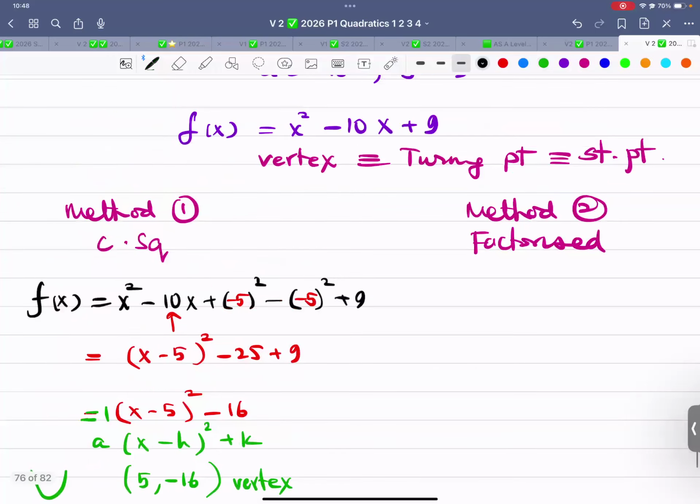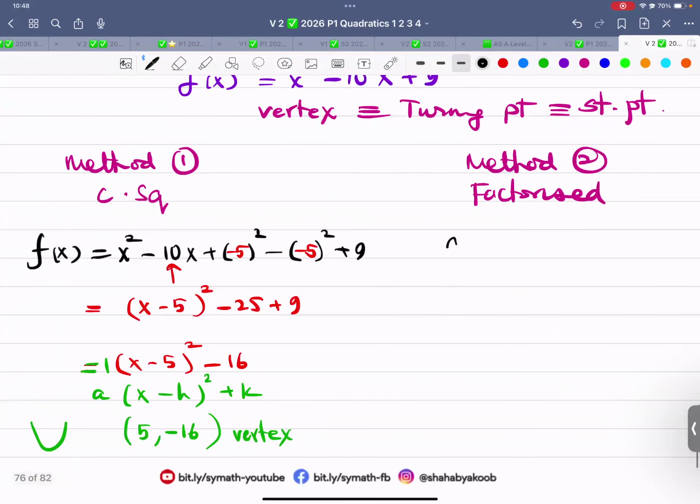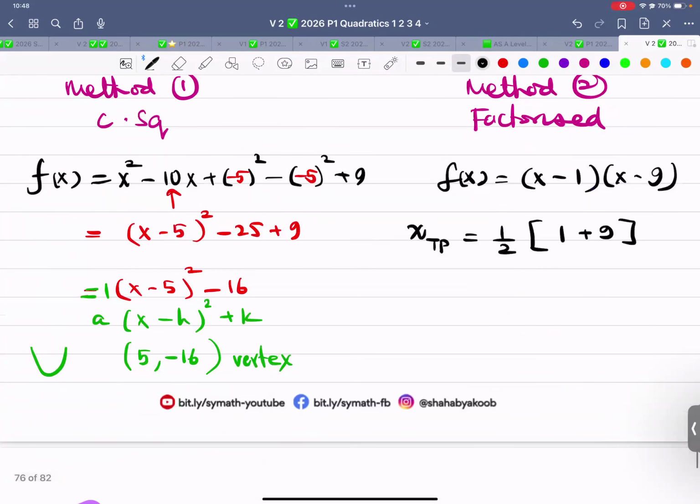Another way. Take the factorized form, x minus 1, x minus 9. f(x) is x minus 1, x minus 9. The x coordinate of the turning point is halfway between the roots. So 1 plus 9 is 10. 10 divided by 2 is 5. That's the x coordinate of the turning point exactly over here.